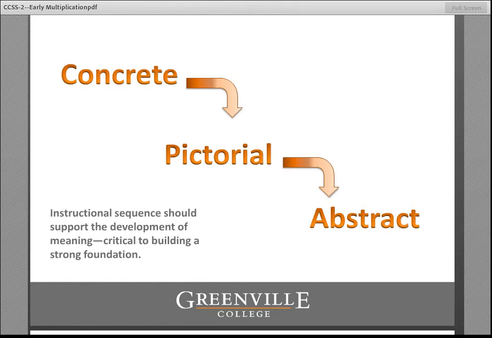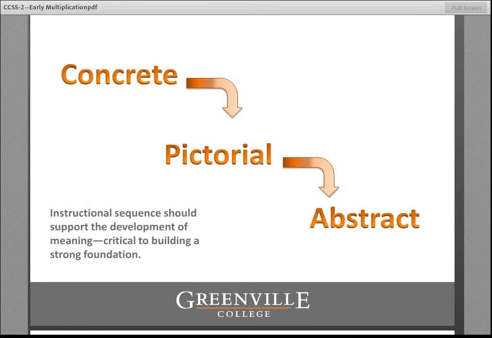Because sense-making is critical to building a strong foundation for multiplication, we really need to follow the same kind of format or instructional sequence that was recommended by the Common Core authors for addition. And in fact, in the progressions document, the Common Core authors specifically mention this concrete pictorial to abstract format.